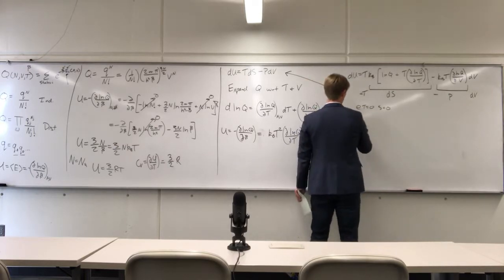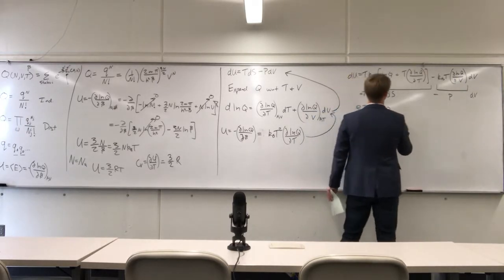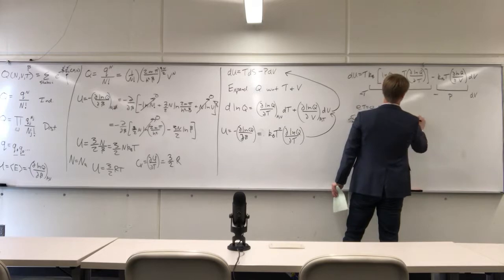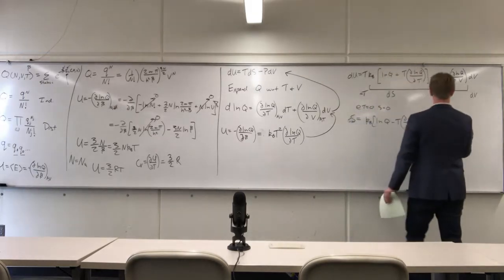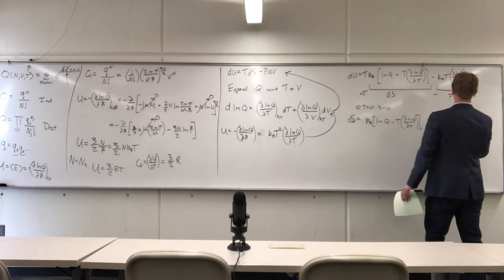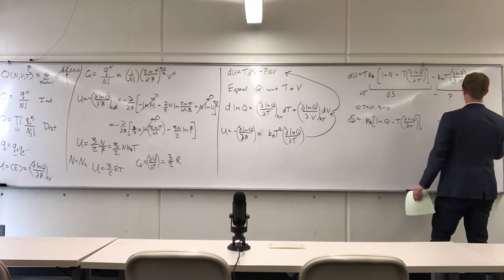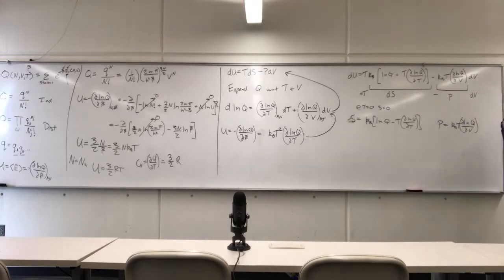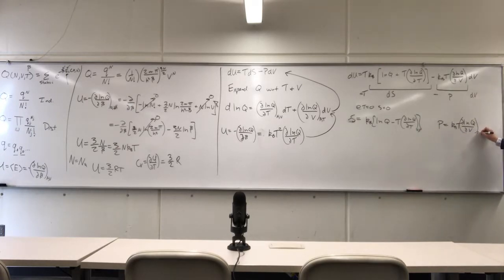That means we can derive an expression where the entropy is just equal to, and pressure is equal to, and this would be constant N and V, this would be constant N and T.